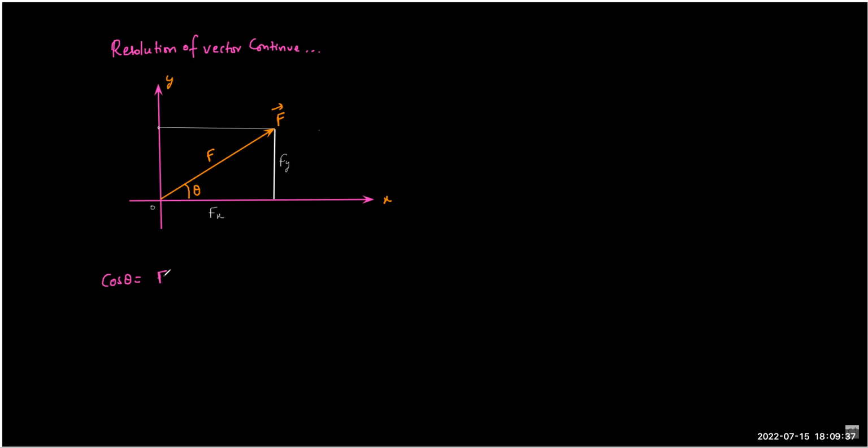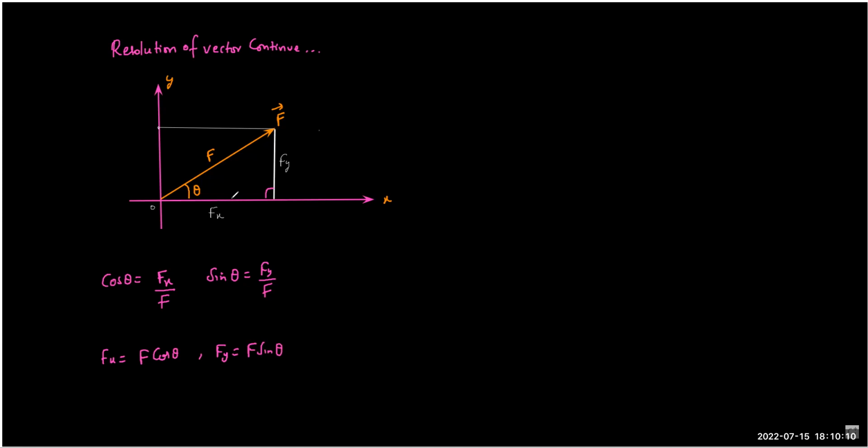Here it's Fx upon F. Similarly, what is sin theta? Fy by F. So you can see clearly that the x component can be determined given the net magnitude of force and the angle, or you can say direction. Similarly, Fy we can write as F sin theta.